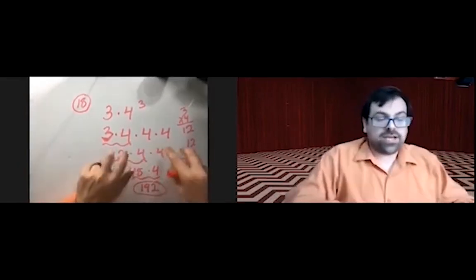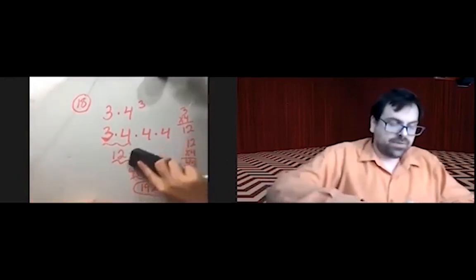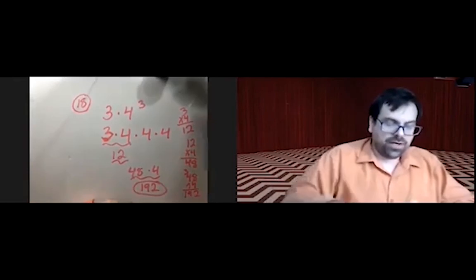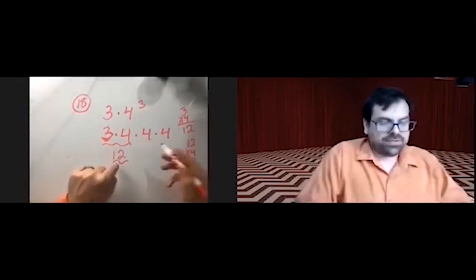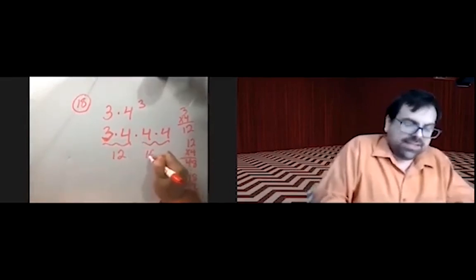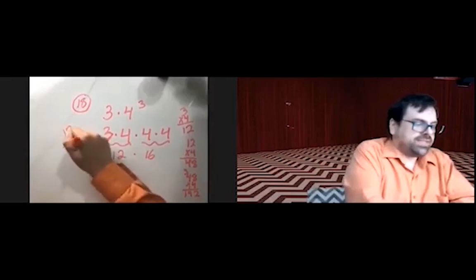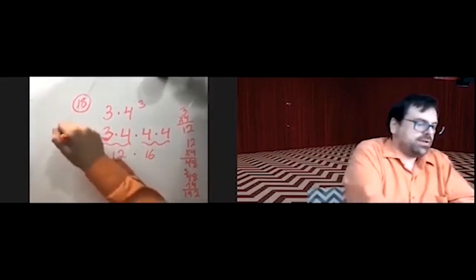Or if you want to use that thing I showed you when you have 4 factors, you can go 3 times 4 is 12, and then 4 times 4 is 16, and then you can do 12 times 16.